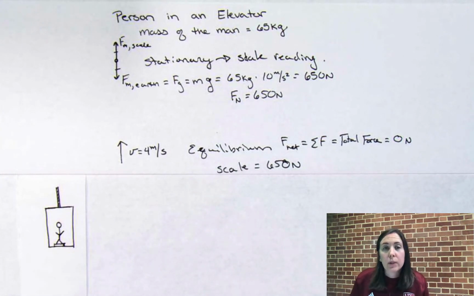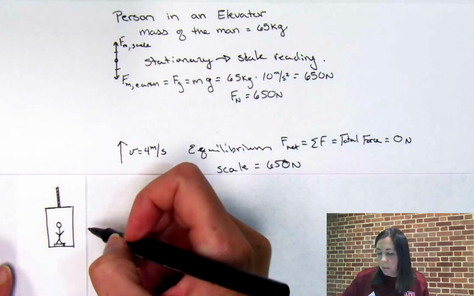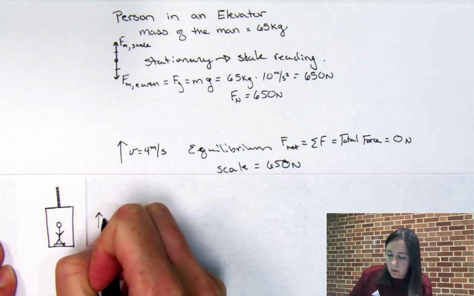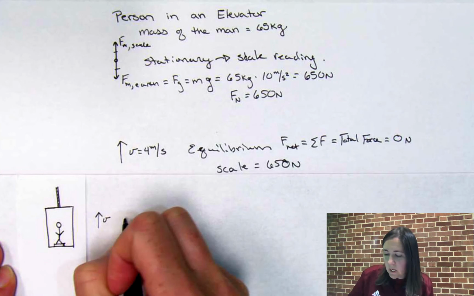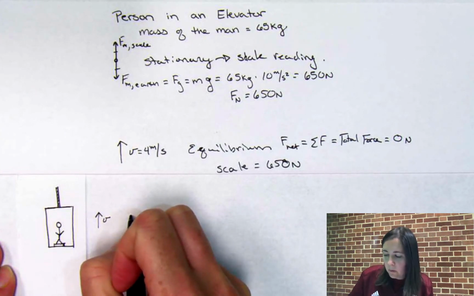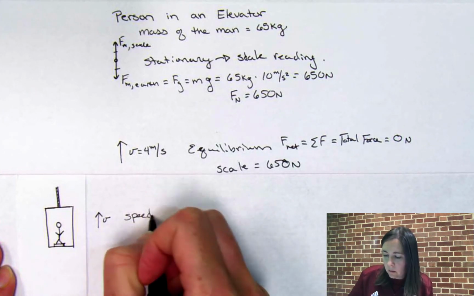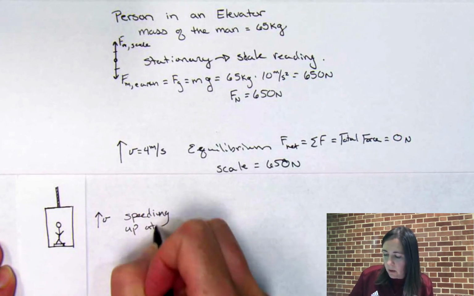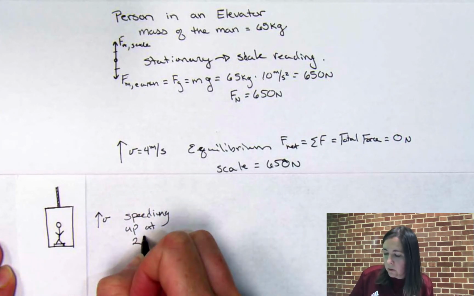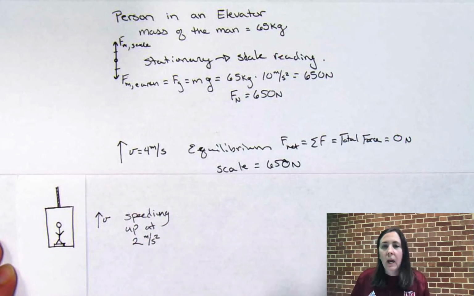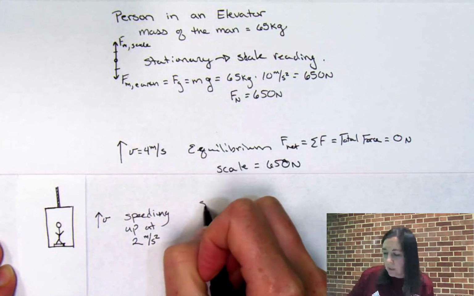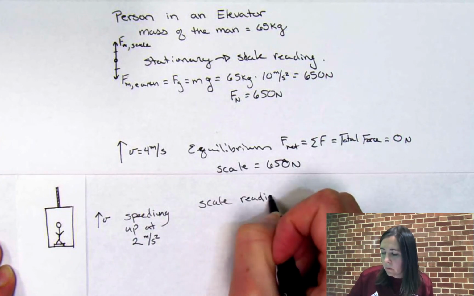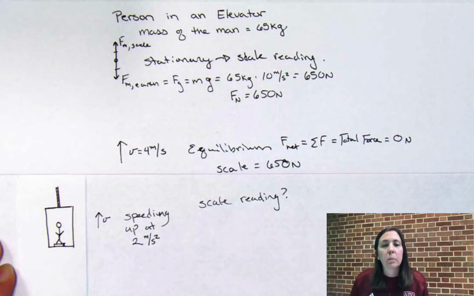Okay, same person, same elevator, but now the elevator is traveling upwards, and it's speeding up at a rate of 2 meters per second squared. And what will the scale reading be now?